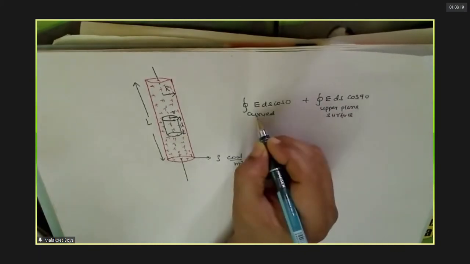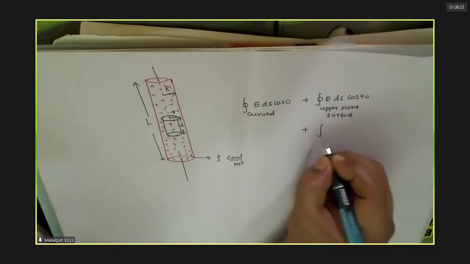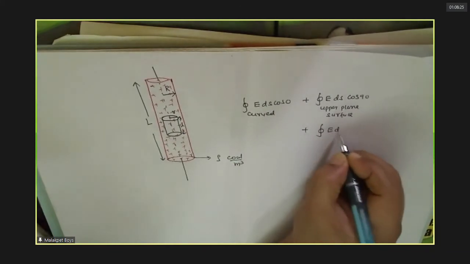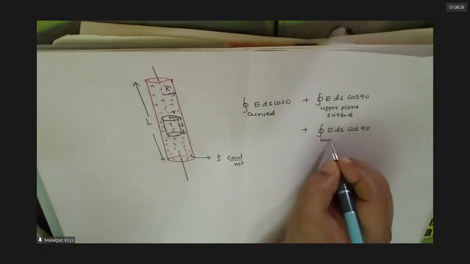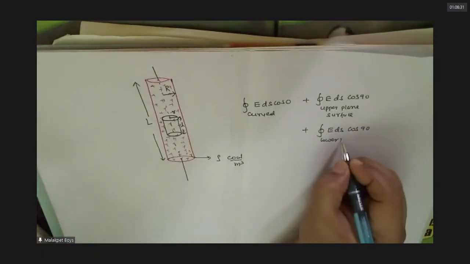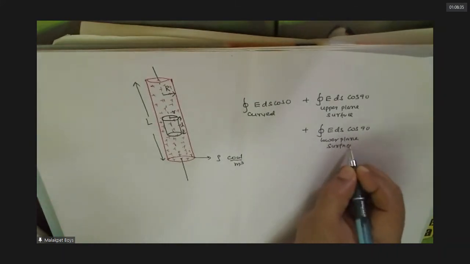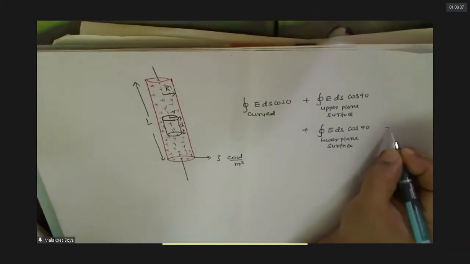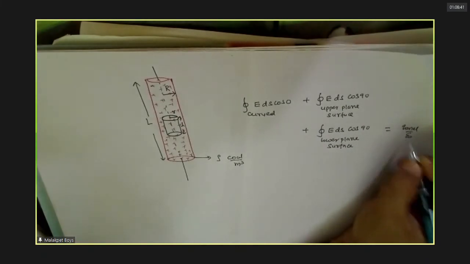I am writing here, which means this integral is for that surface, because of the surface integral. Lower plane surface. Together, charge enclosed by epsilon naught.